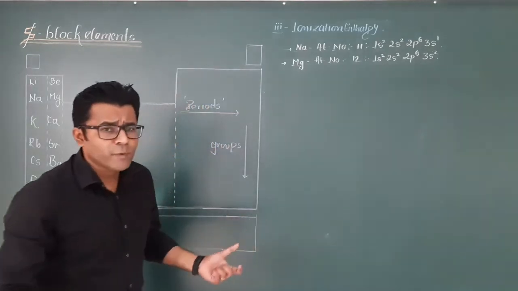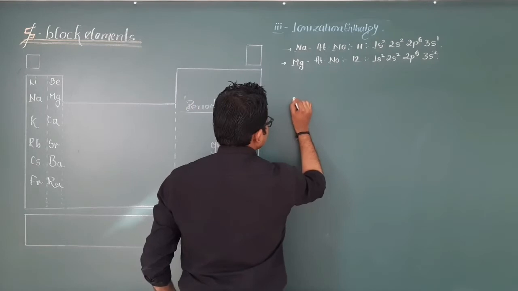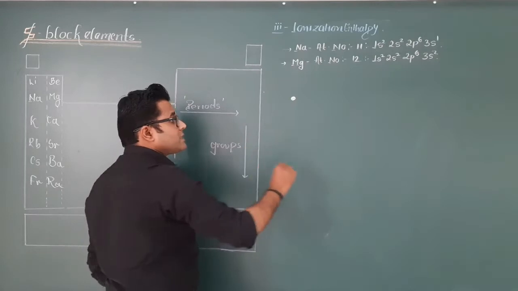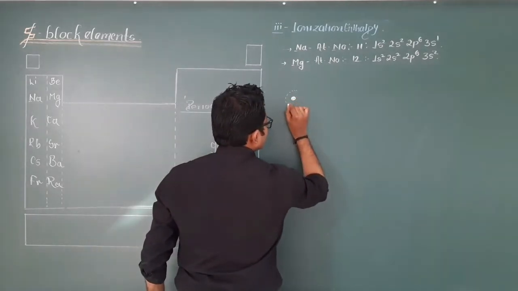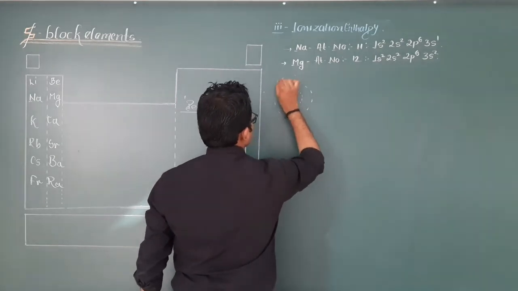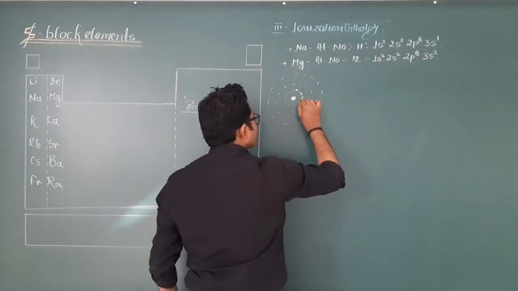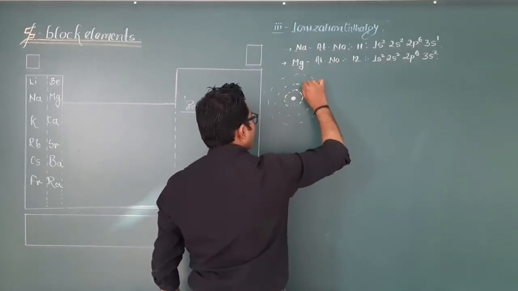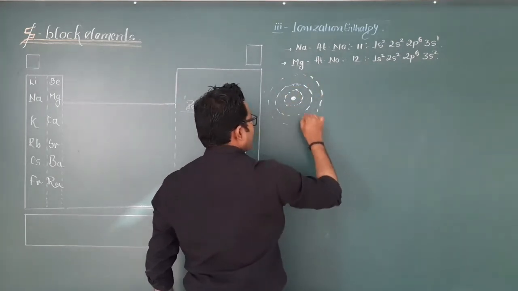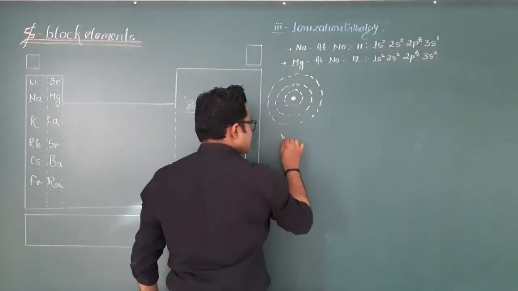Let's take the structures of both of these. First, let's represent sodium. Let's consider this white dot as the nucleus. Let's say this is shell number 1, shell number 2, and finally shell number 3. This is sodium.